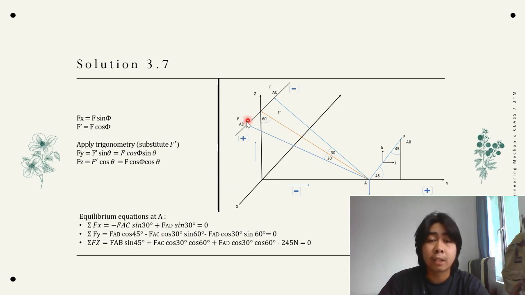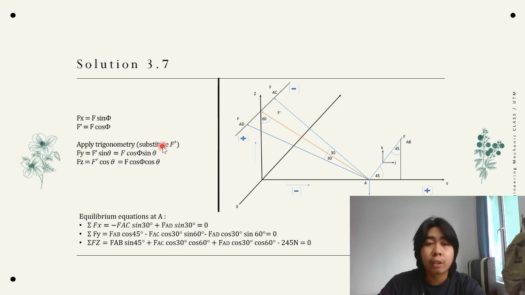It is the same as force AC, the only difference is it's lying on the positive axis. Opposite over hypotenuse is sine 30. For force AB, there is no x component, since it is acting alone on this axis.